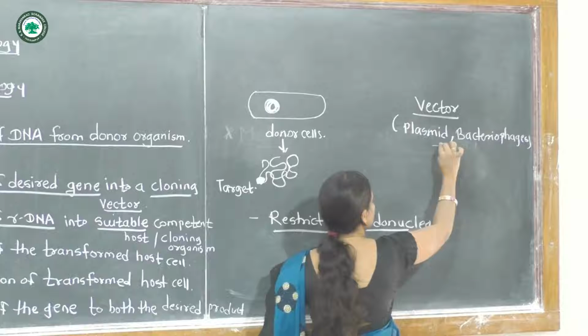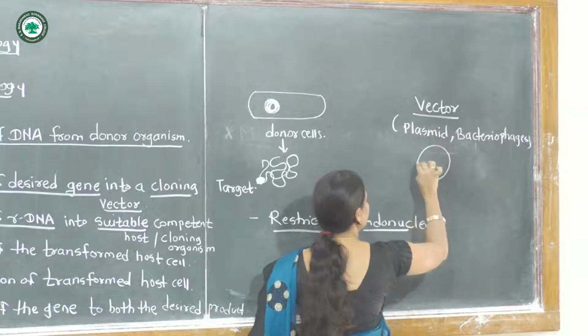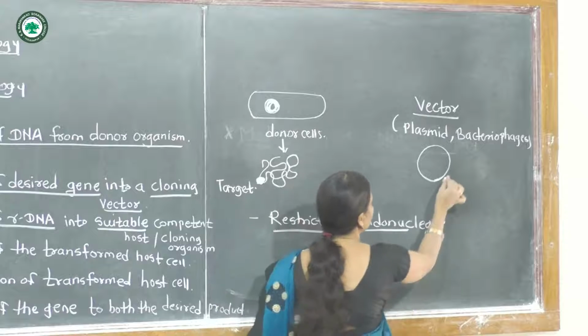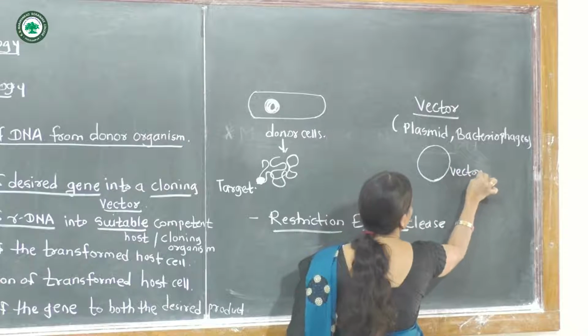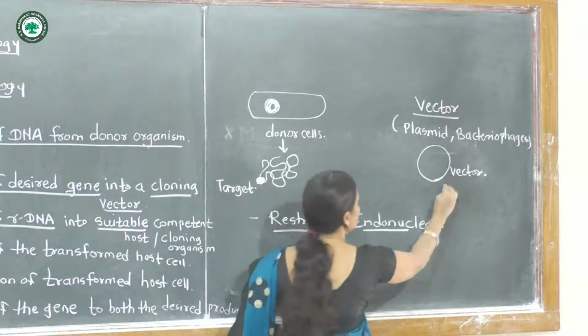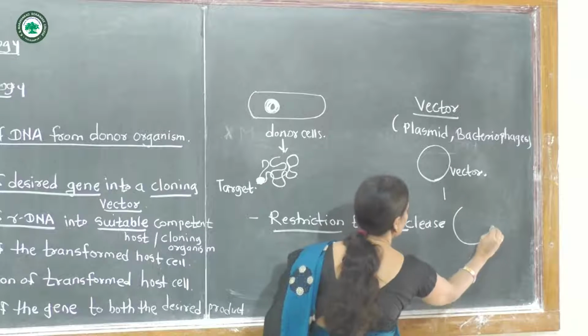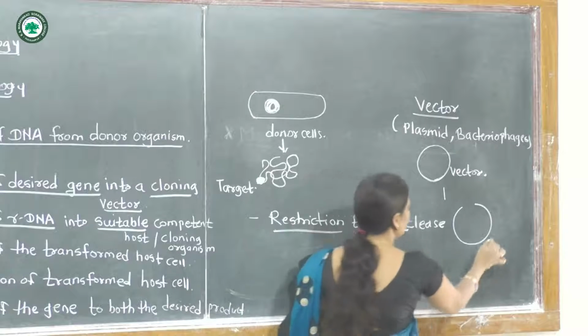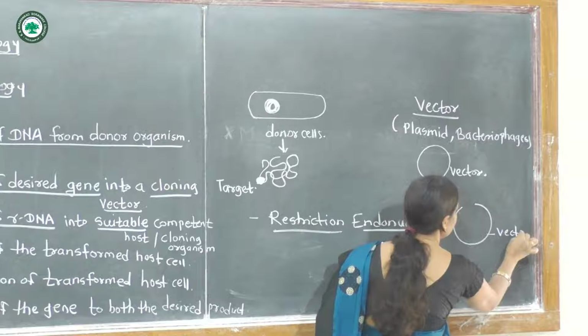This is the structure of the vector. It is a rounded structure. This vector is cut at a specific point. Now this is the vector DNA.